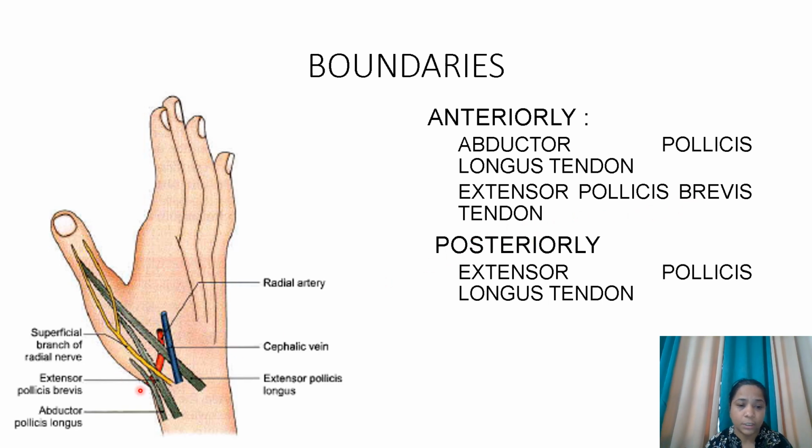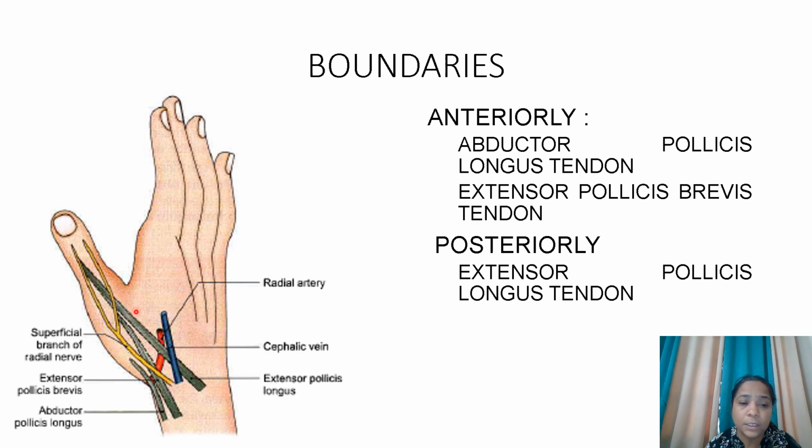Here you can see the tendon that is known as extensor pollicis brevis tendon. In the name it comprises extensor, pollicis, and brevis. Extensor means that it is going to produce extension at the pollex or the thumb, and the size of this muscle is small, that is why the name includes brevis. Next, which muscle tendon forms the posterior boundary of the anatomical snuff box?